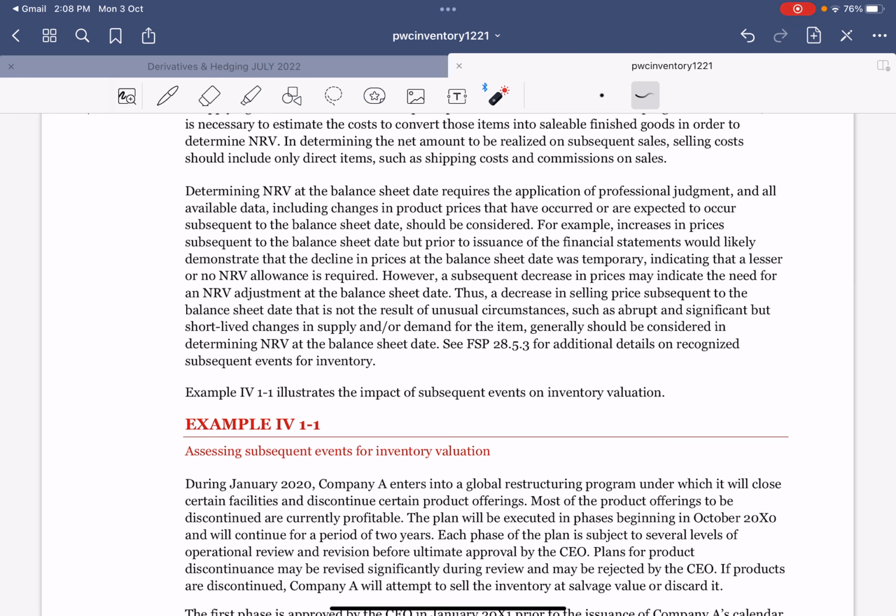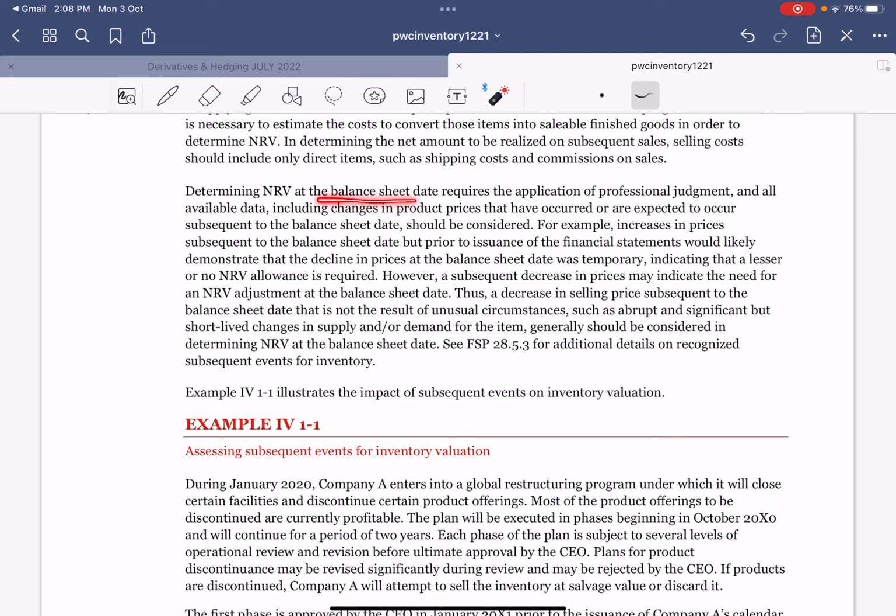Test counts to and from detailed inventory listing. Observe and evaluate the results of wall-to-wall observation. Okay, it's a different thing. Test the inventory resale. Okay, substantive analytics. Okay, develop a plan for testing inventory existence. Okay, I think we had a pretty good idea.